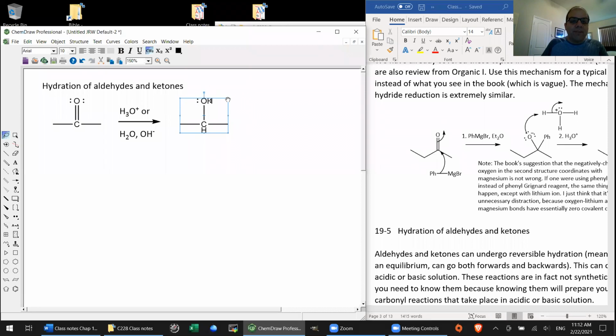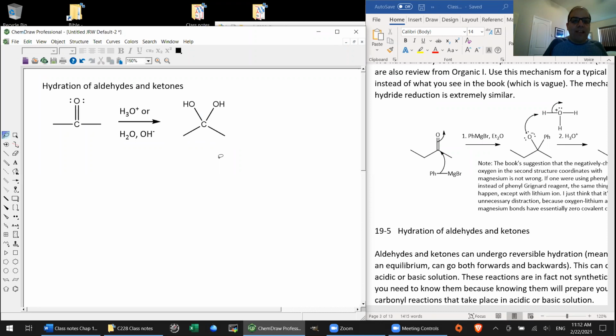Let me see if I can do something brilliant here. Not quite as brilliant as I'd hoped, but we'll make it work. So you'll get a species that looks like this. This is called an aldehyde or ketone hydrate, or a geminal diol.